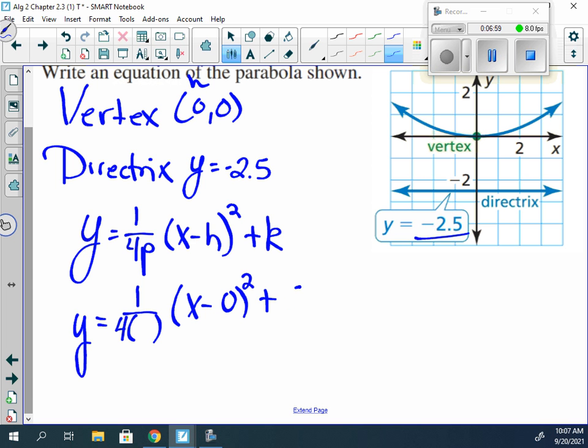Plus k, because again, the values of h and k came from the vertex. So we do know the directrix, y equals, well, that would be our k minus p. So we know that k minus p is equal to what? Negative 2.5.